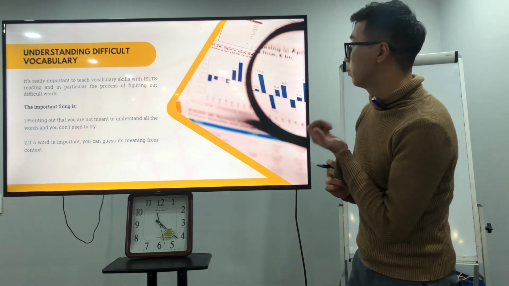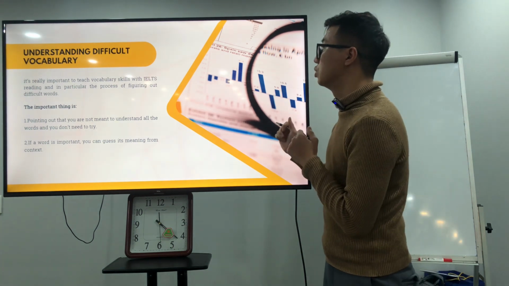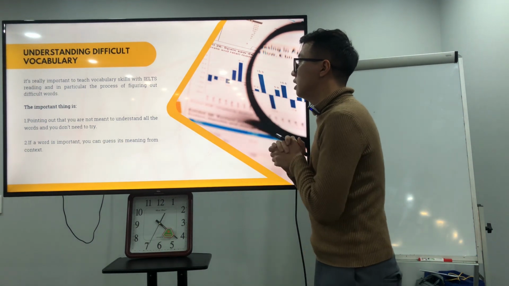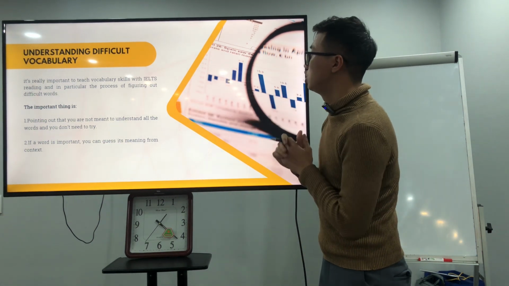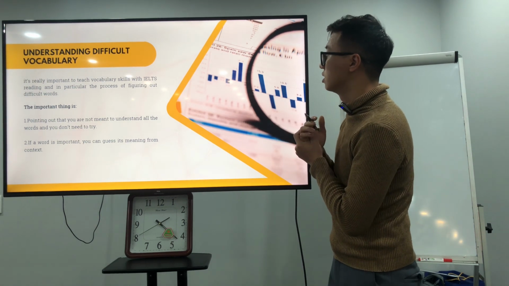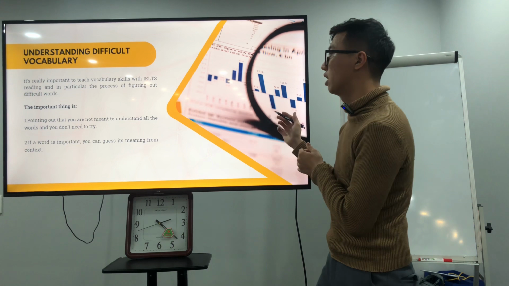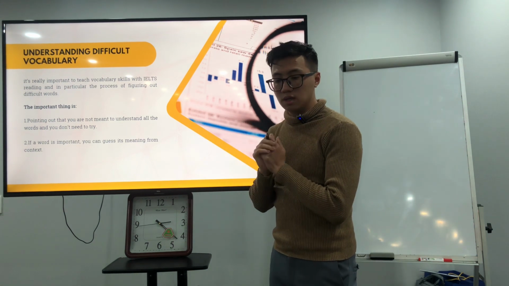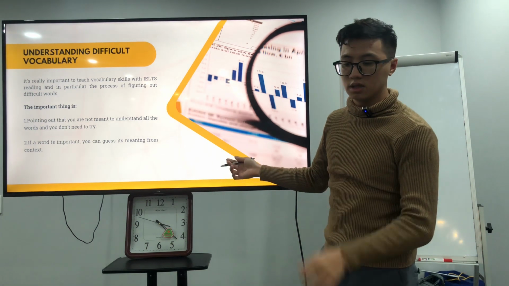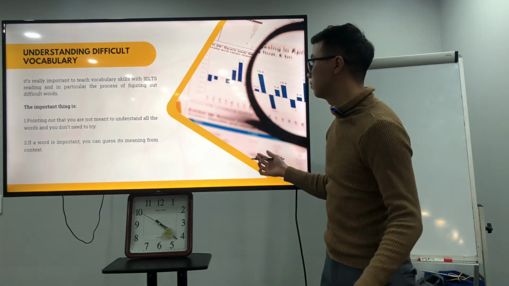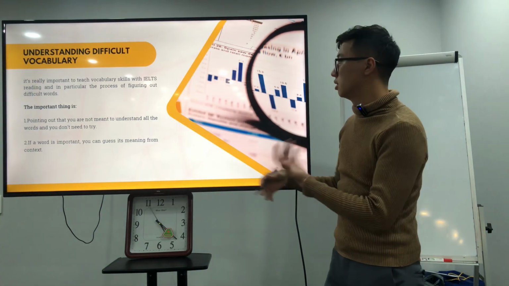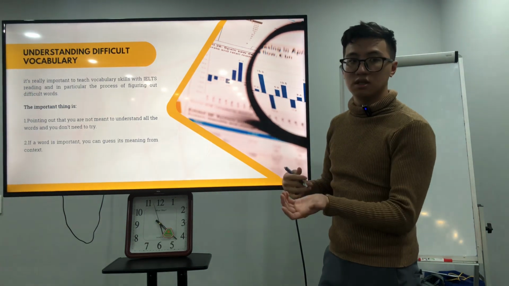One more important thing is that they have to understand difficult vocabulary. It's really important to teach a vocabulary skill in IELTS reading, and in particular the process of figuring out the difficult word, because as you can see, the reading passage can be taken from a lecture, a magazine, or maybe a science magazine.